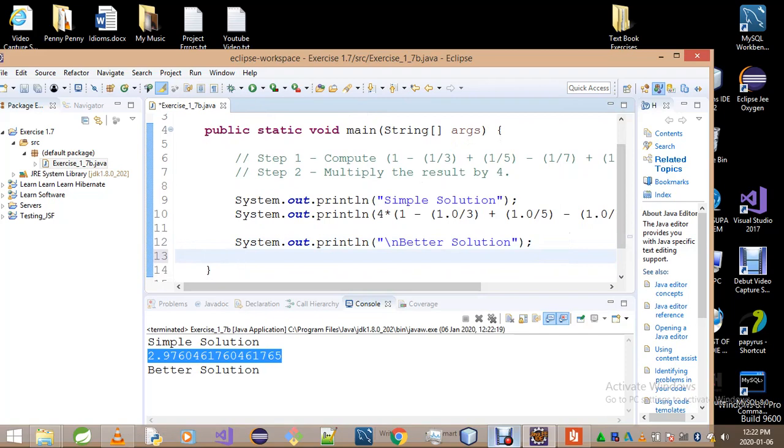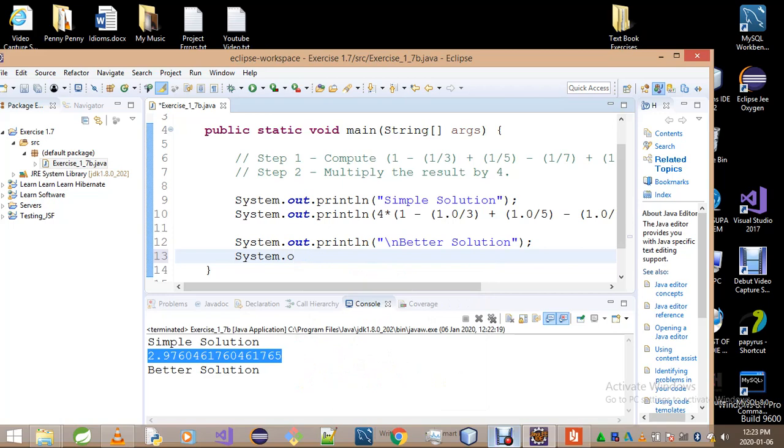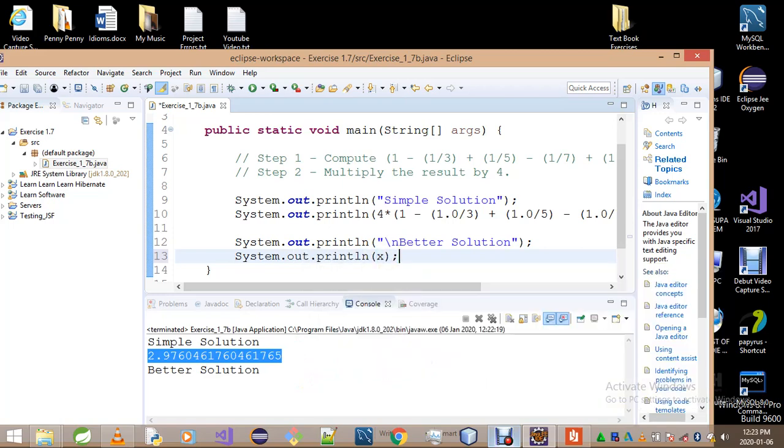Okay, a better solution will then look as follows.